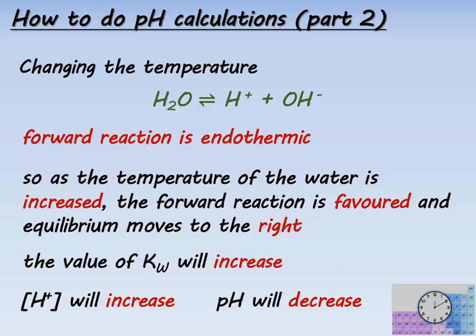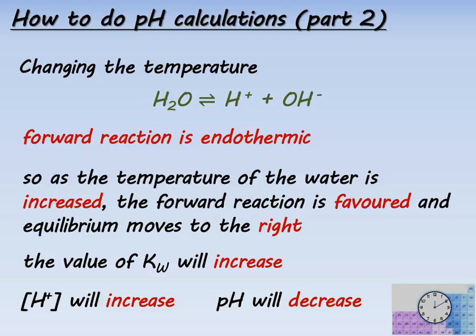We can't say, and it's wrong to say, that the water becomes more acidic, because the production of H plus ions comes along with the production of OH minus ions. So if the concentration of H plus ions increases, then of course the concentration of OH minus increases to the same extent.